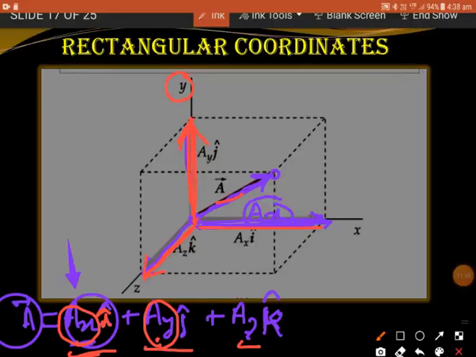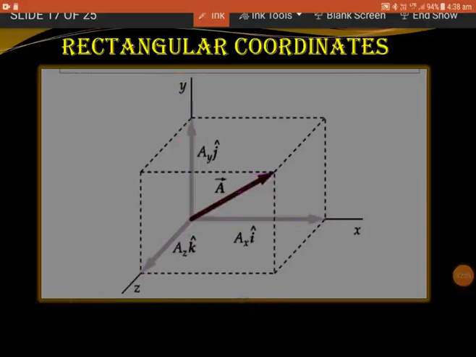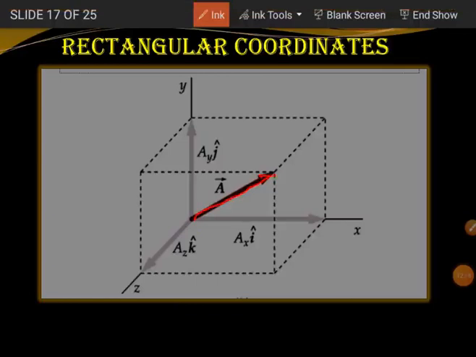As these components are all perpendicular to each other, we call them rectangular components. So if you want to represent the rectangular components of a given vector, then you need to construct a cuboid such that the given vector is a body diagonal of that cuboid.